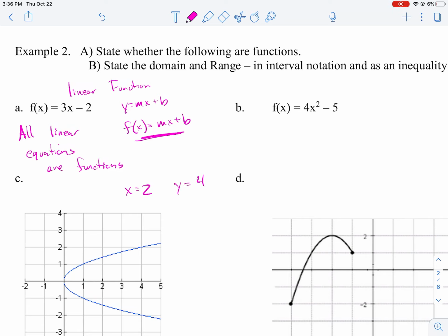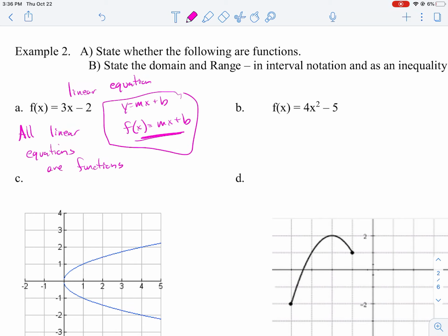There's no way by putting a 2 in there for x I would get anything else. So therefore, what's nice about linear functions is all linear equations are functions. And let me rewrite this up here. It's a linear equation. Okay, so all linear equations are functions, which is nice, right? So as long as you can spot a linear equation, you're good, right? And it usually takes on some form that looks like this.